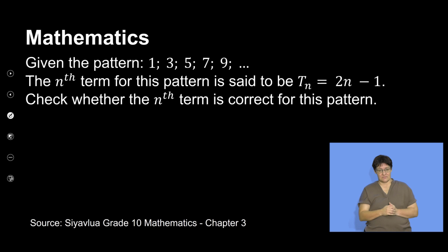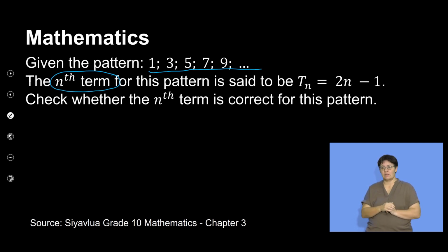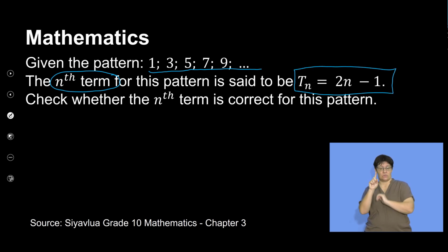The first example is that if we are given the pattern 1, 3, 5, 7, 9, the nth term for this pattern is said to be Tn is equal to 2n minus 1. So essentially the nth term is a relationship between Tn and n.